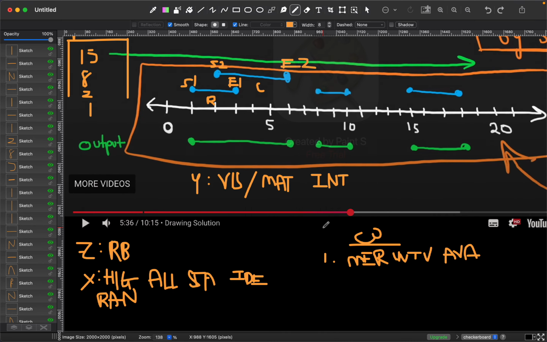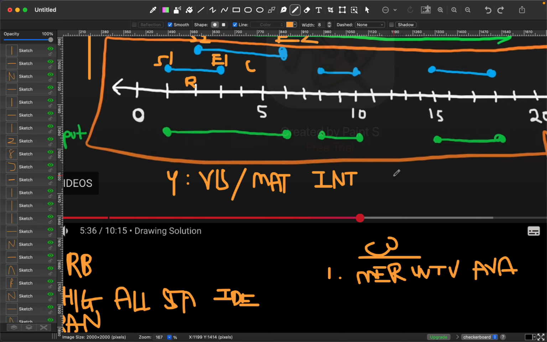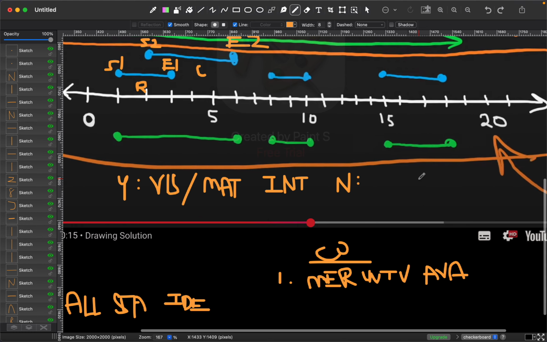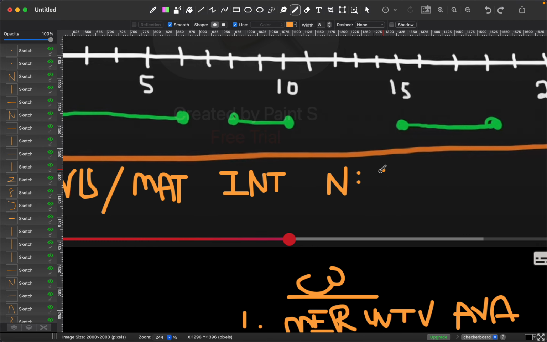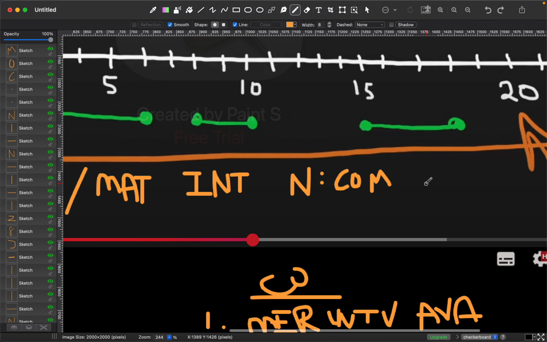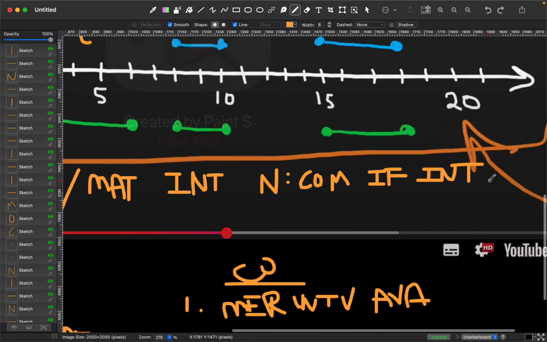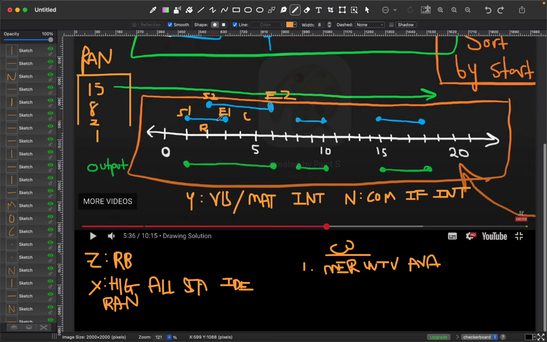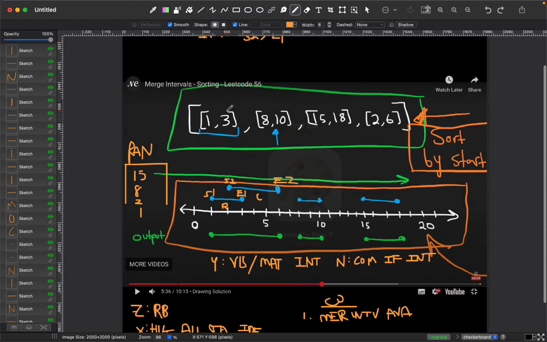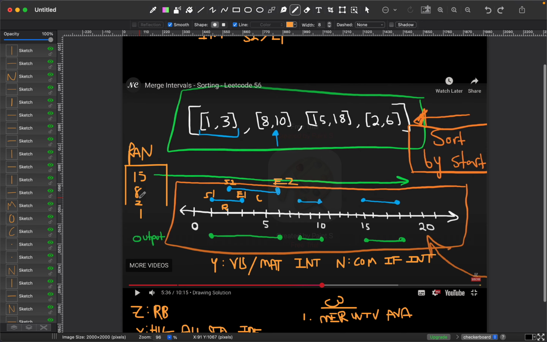Operation N is very much about combining, so you can combine if there's interaction. In this case, it's going to combine these two items, and you refer to this again: this guy and this guy, is there any interaction based on the math or this operation?